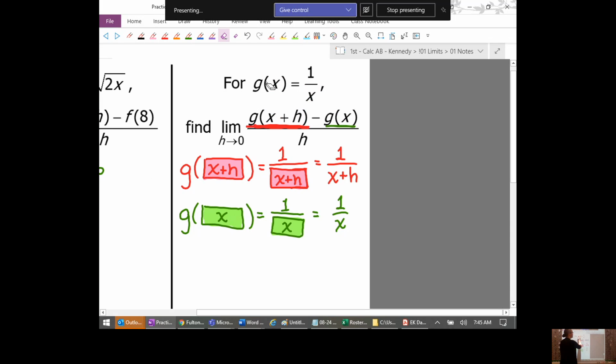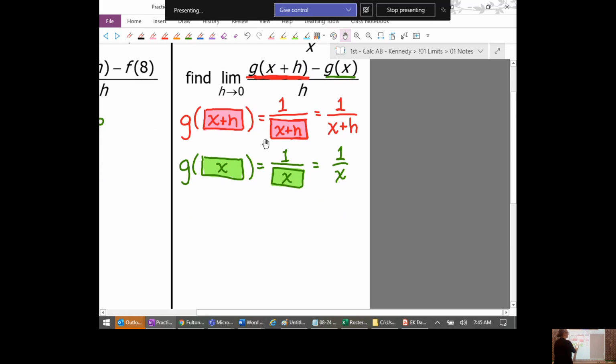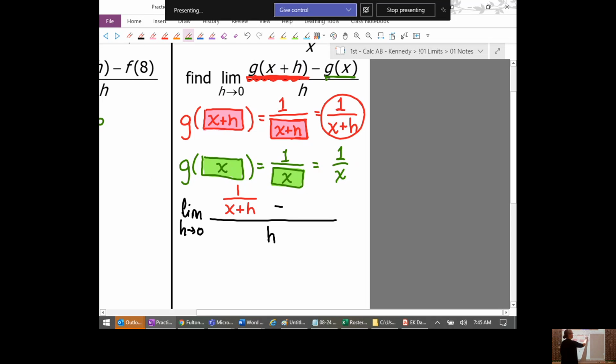So what we have now, for that limit, I'm going to use the work that I've done, and I'm going to use my color coding. So I have a big fraction with h in the denominator, some subtraction up top, and I have g of x plus h. We figured out earlier that was 1 over a denominator of x plus h, minus g of x.